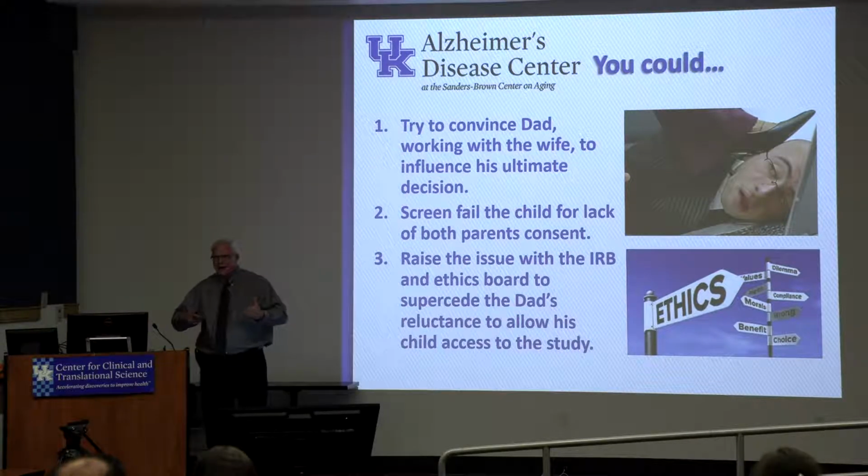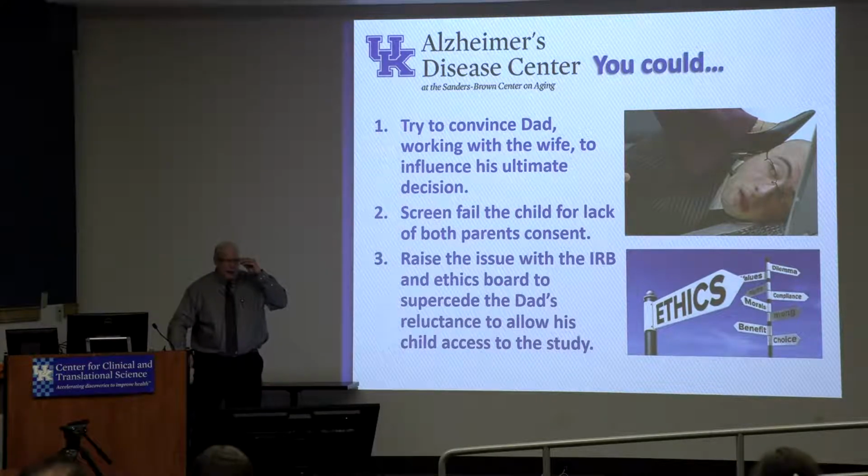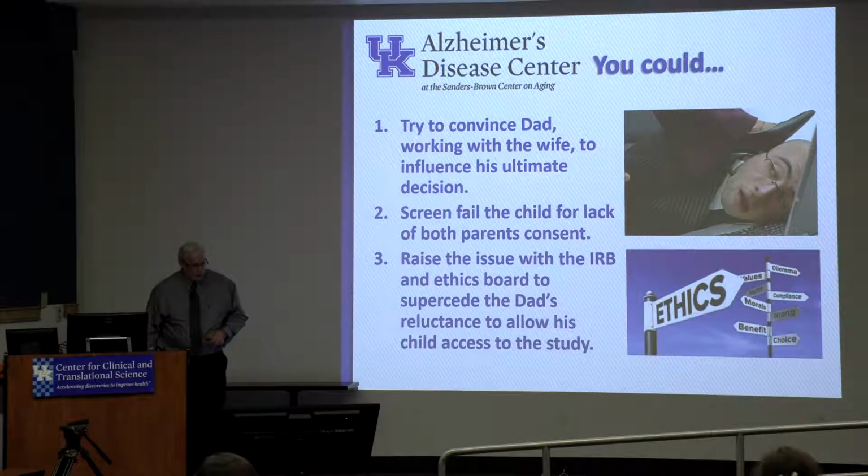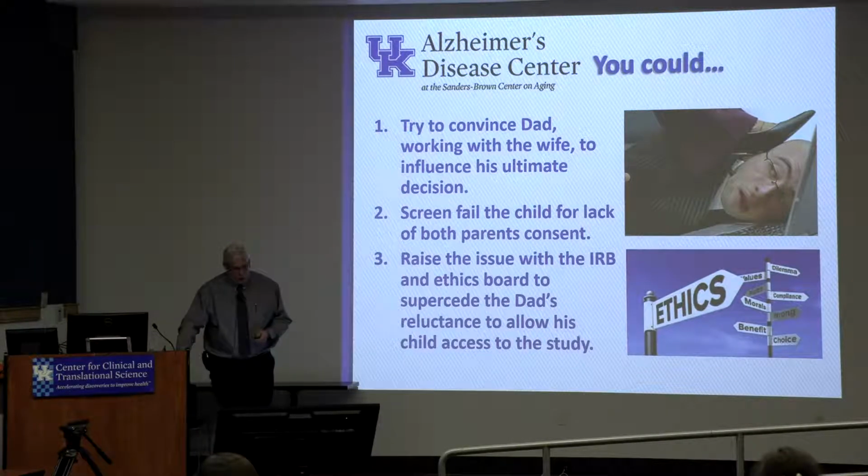We know that nobody's a guinea pig in research overall. On the other hand, if we push too hard where we're actually influencing and changing someone's decision, now we've stepped over the line into a universal capacity issue where we've actually removed the ability to choose.